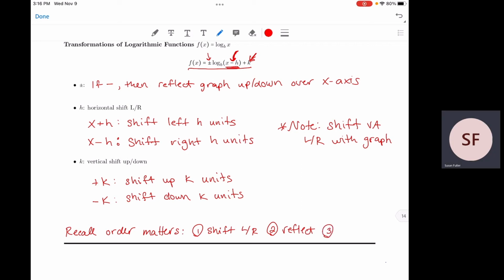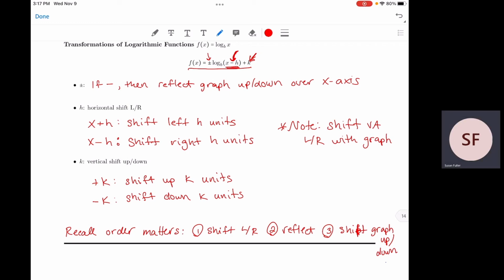And the third thing that I want you to do is your vertical shifting, where you shift your graph up or down. So order matters. You're going to go left, right, then your reflections, and then your vertical shifting.